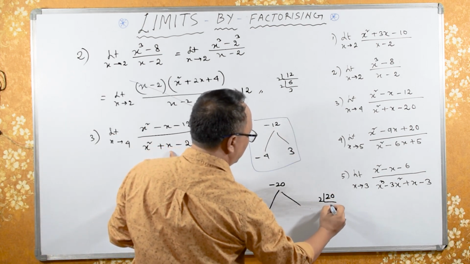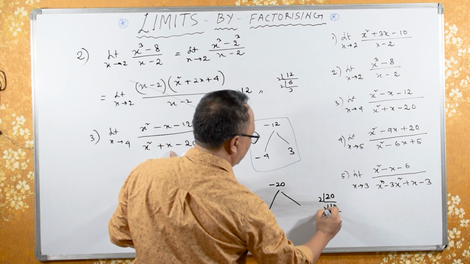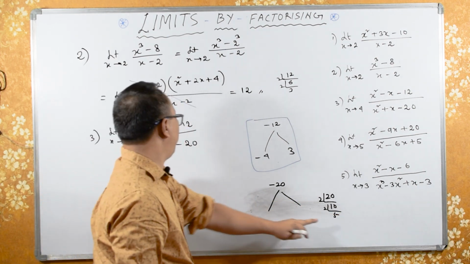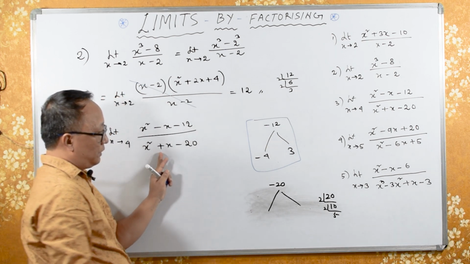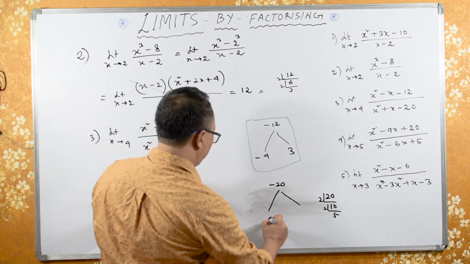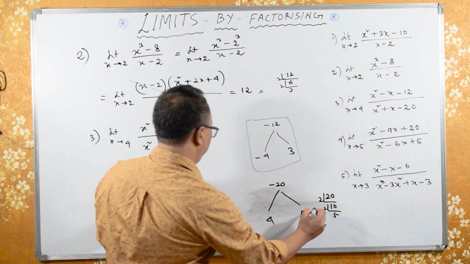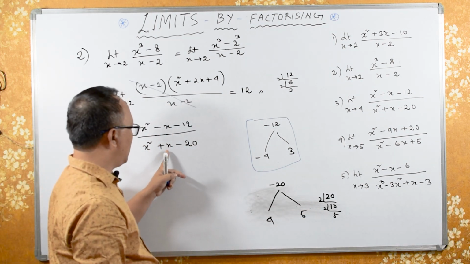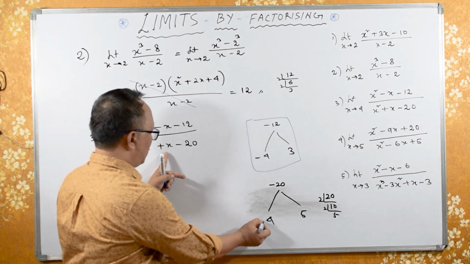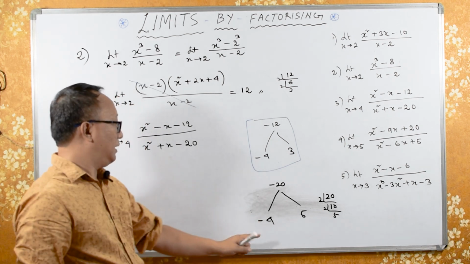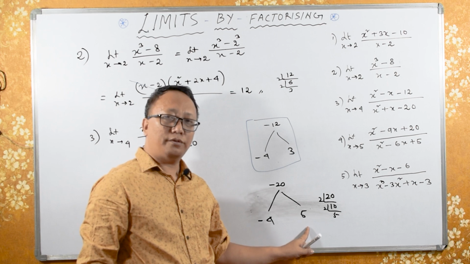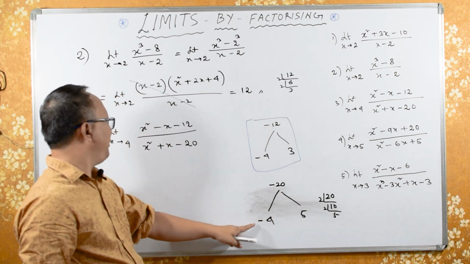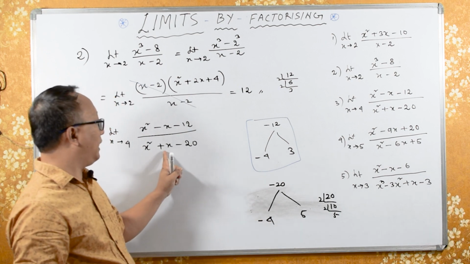Here 20 is 2 × 10, or 4 × 5, so we can combine 4 and 5. We need to get +1 as the sum. Therefore, −4 into +5 is −20, and if you add these two, you will get only x.